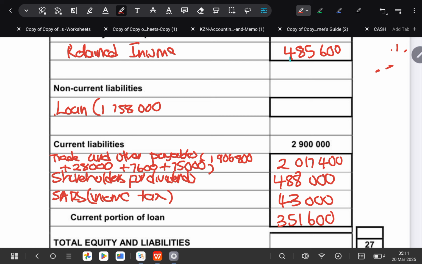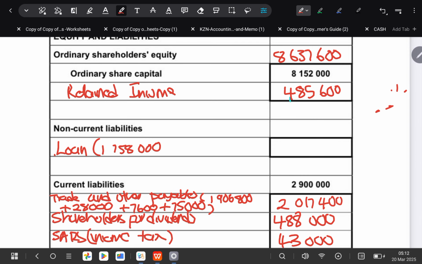So let's confirm it again. If you say 2,900,000, then you subtract 2,017,400, then you also subtract 488,000, and then you also subtract 43,000. It's going to give you 351,600.